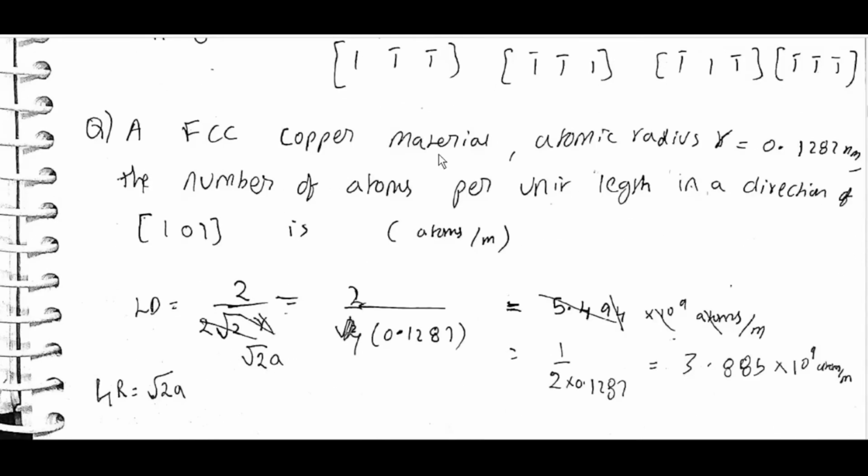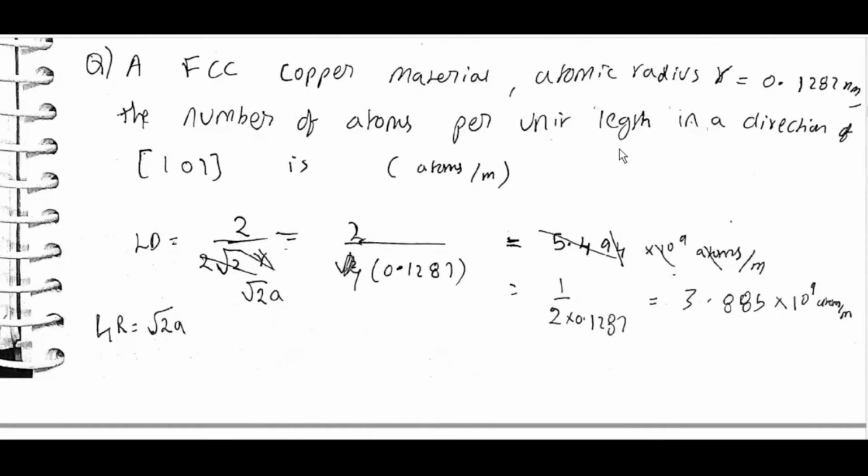Question: an FCC copper material has atomic radius r equal to 0.1287 nanometer. Find the number of atoms per unit length in the direction of [1 0 1]. [1 0 1] is a face diagonal, so the linear density passes through half, half, and 1, which is 2 atoms. The length is root 2 a, where root 2 a is also 4r.